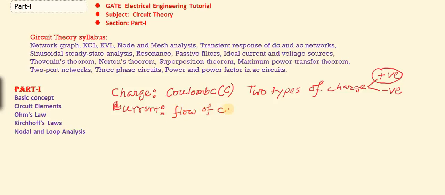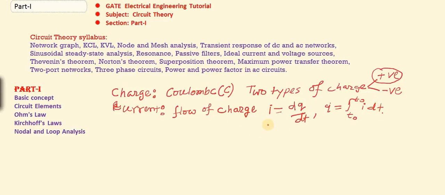If current is I and charge is Q, then I is equal to dQ/dt, or in integral form, Q is equal to the integral of I dt.